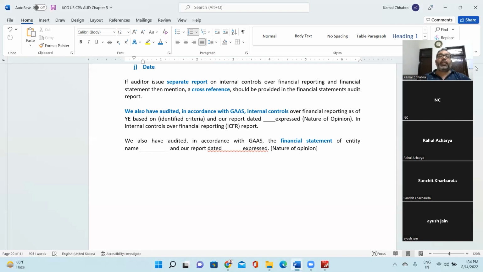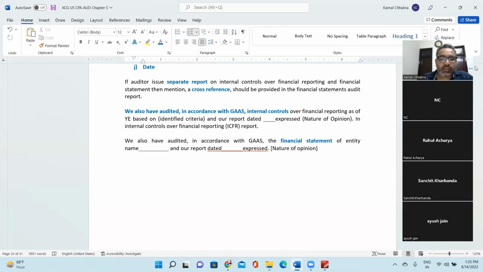You will be mentioning, we have also audited in accordance with the GAS, internal control over financial reporting as of year end based on identified criteria, which is COSO 2013, and our report date this. You need to mention the date and express the opinion. What opinion you have given on the internal control report, you need to mention that in internal control over financial reporting. So this one-liner you need to add in the financial statement audit report.